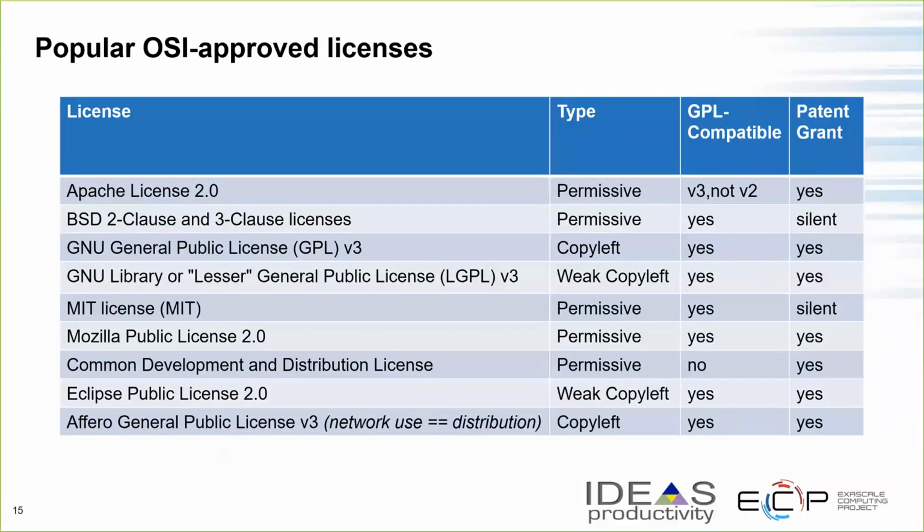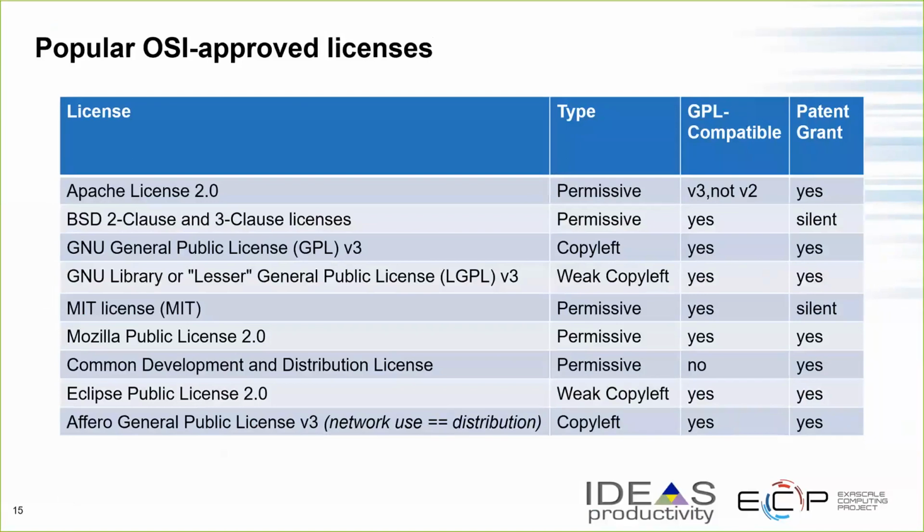There are some licenses, especially older licenses, that do not have any mention of patents, so we consider these to be silent. It's not that they're explicitly saying yes or no on patent grant. They say nothing. So I use the terminology silent. One other thing I want to point out, at the bottom of the list, is something called the Affero GPL, or AGPL. This is a relatively recently developed license. It's in the GPL family.